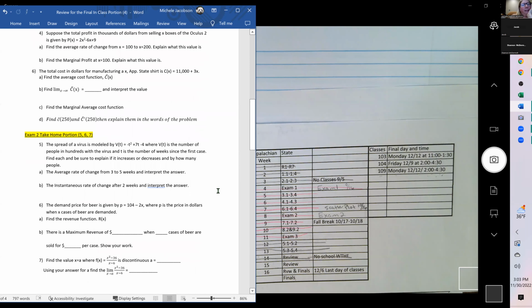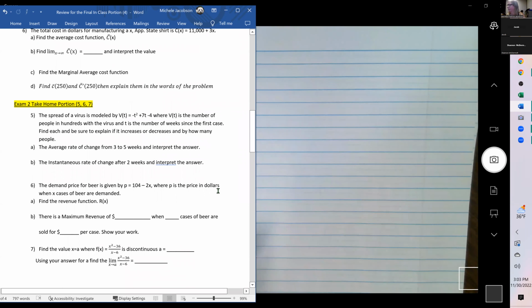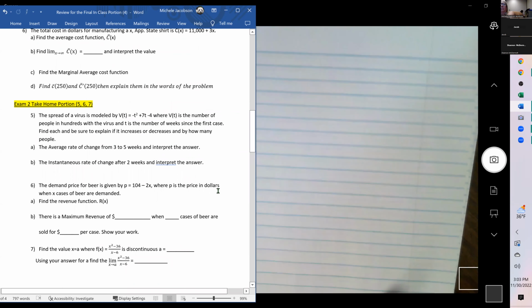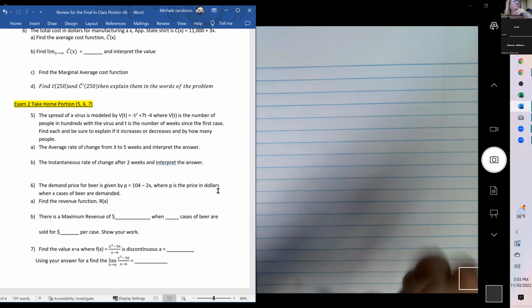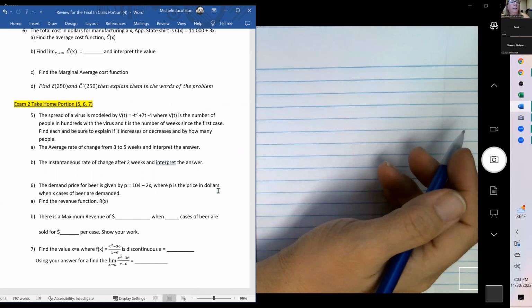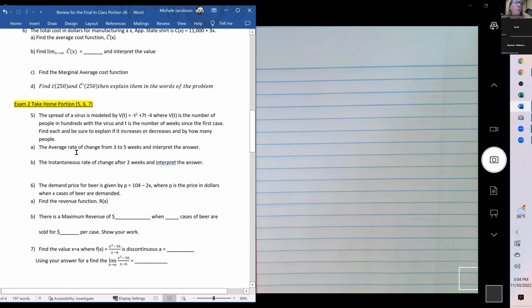There it is. Right here. Exam 2, these came from the take-home portion.